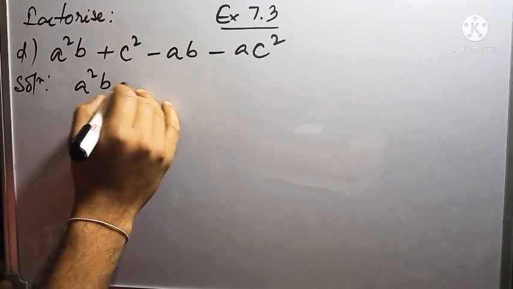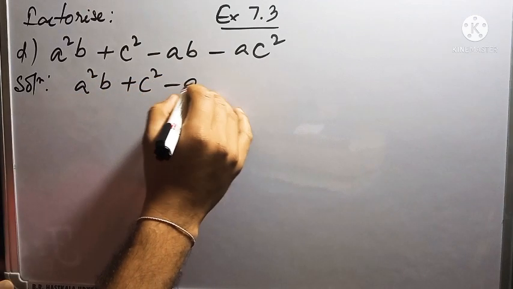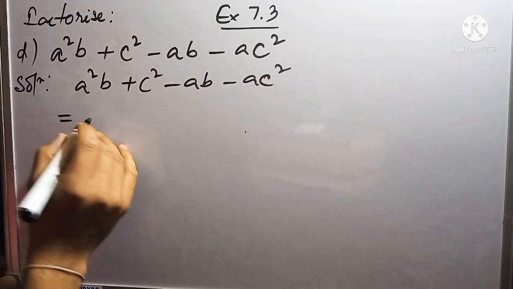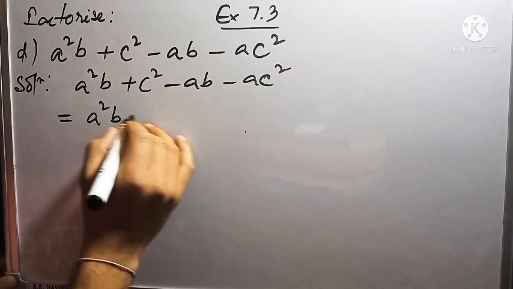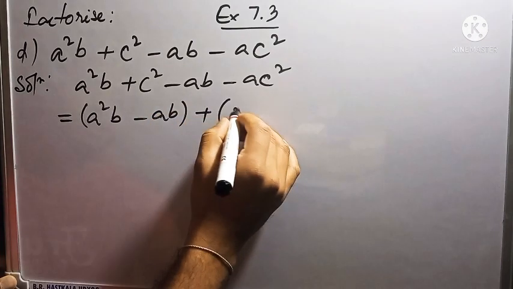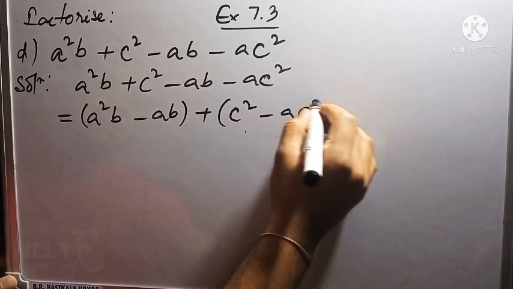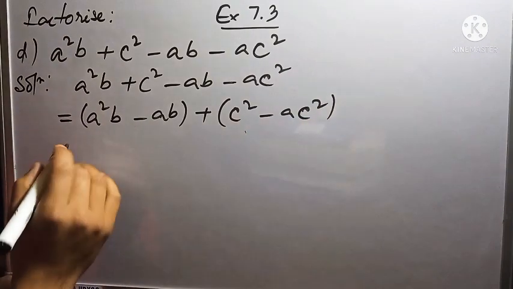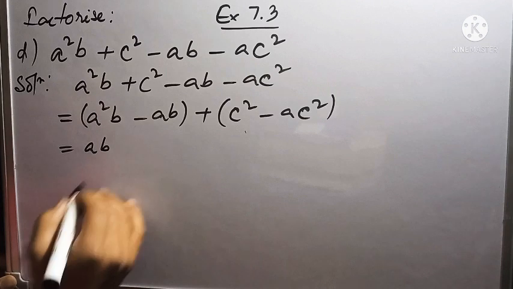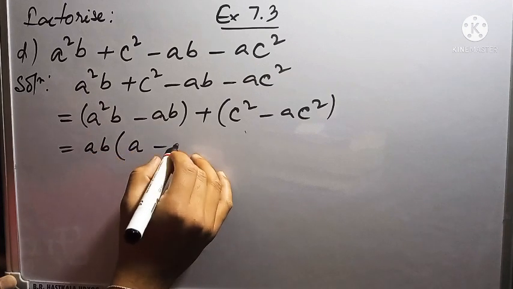Solution: A square B plus C square minus AB minus AC square equals A square B minus AB. This is one group. And then plus C square minus AC square, another group. From these two terms we'll take AB common, then we'll have A minus 1.